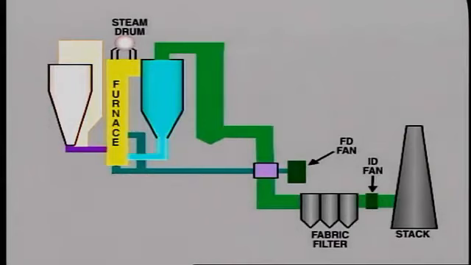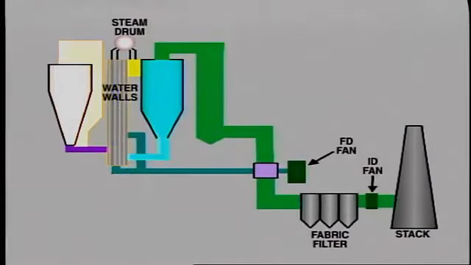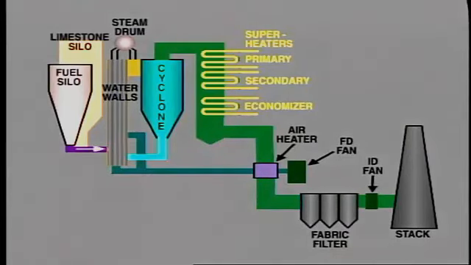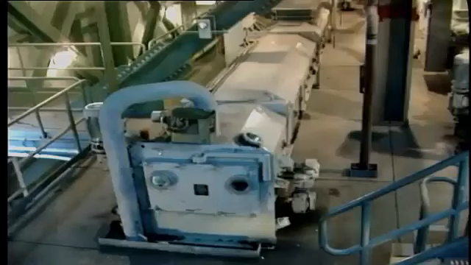In this arrangement, we see the main components, that is, the combustor surrounded by water wall tubes, the hot cyclone, the superheater zone, and the tubular air heater. Both fuel and limestone are fed into the bed at the bottom of the furnace. A screw-type feeder is used to control the rate of flow.